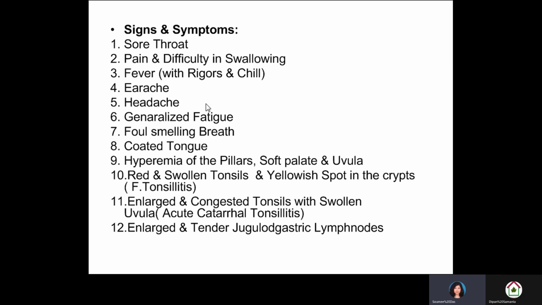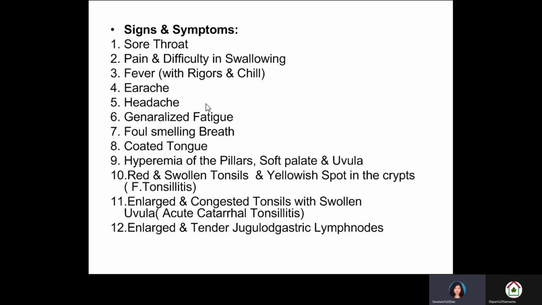There would be red and swollen tonsils, and yellowish spots in the crypts of the tonsils might be there. Yellowish spot indicates what? It indicates the presence of pus, or suppurative infection or inflammation. So whenever there is a yellow spot, we have to suspect the presence of pus.